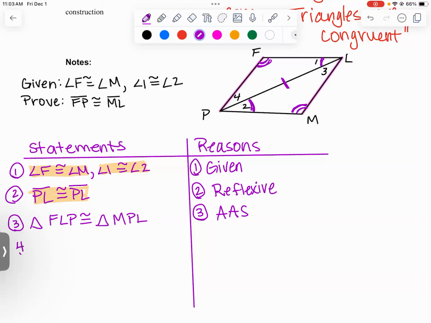So now we can say FP is congruent to ML because of CPCTC. If you spell the abbreviation wrong, will you get points off? I'll know what you mean.